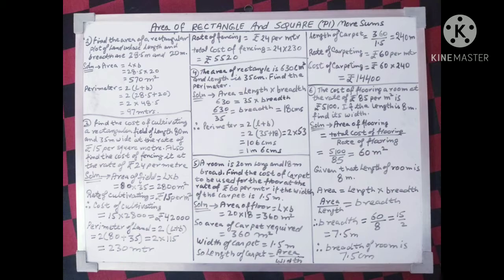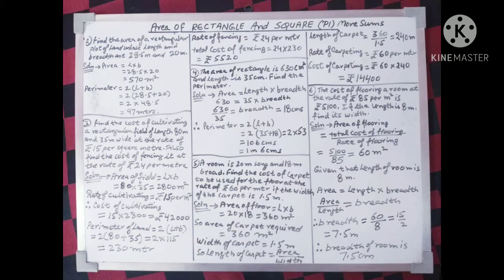But we are given only the width of the carpet, that is 1.5 meters. So we have to find the length of the carpet now, which will be calculated as length of the carpet is equal to area of the carpet divided by width of the carpet, which will give us 360 by 1.5, and finally we get the length as 240 meters.